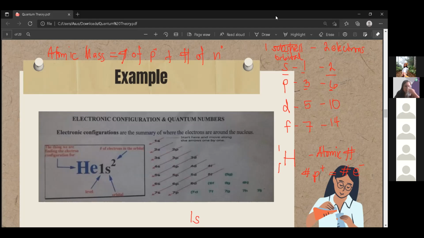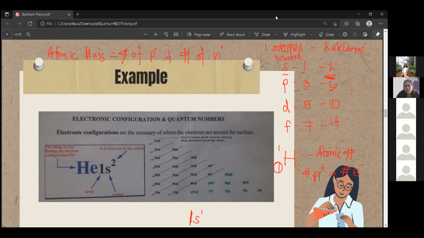Kahit na dalawang electrons ang kayang i-accommodate ni S subshell, isa lang naman ang electron ni hydrogen, so ang kanyang electron configuration ay 1s1. This is the number 1, a small letter s, and itong 1 na ito ay superscript. Nasa taas nilalagay si 1.